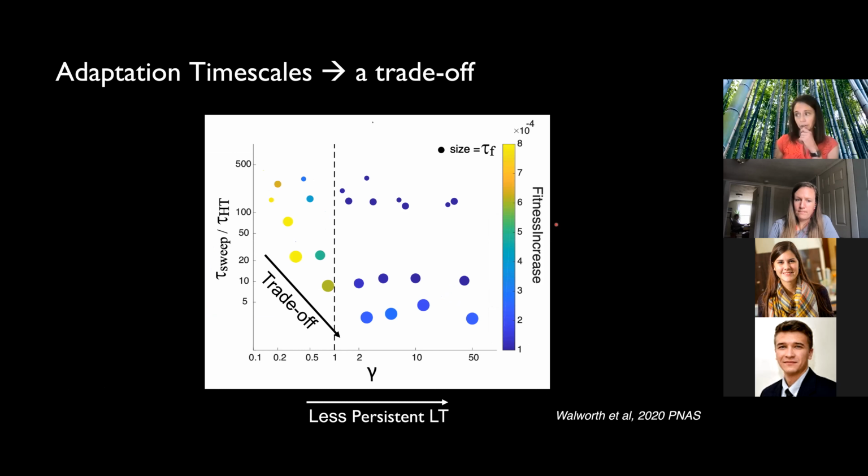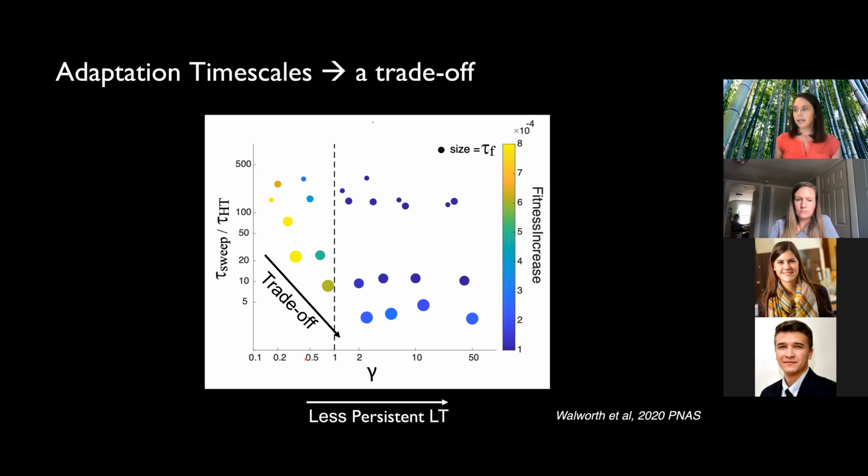So just to show you that more illustratively, this is a whole bunch of different simulations, and each of these dots has many different iterations due to the stochastic nature of the simulations. And what's on the x-axis here is how persistent are those non-genetic modifications. So if you're over here, they stay around for 50 generations. If you're over here, they're staying around for less, only a handful of generations.